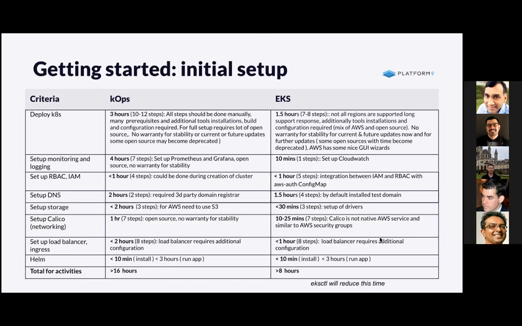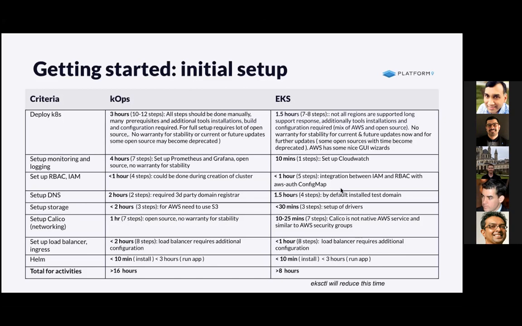But the interesting thing is, even with EKS, now Chris was mentioning earlier about EKS CTL. Now, a lot of these steps are in fact automated with EKS CTL, but the downside, of course, is once you start using EKS CTL, you're pretty much locked into the EKS and AWS ecosystem. So that's a trade-off. You want something to get going very quickly.